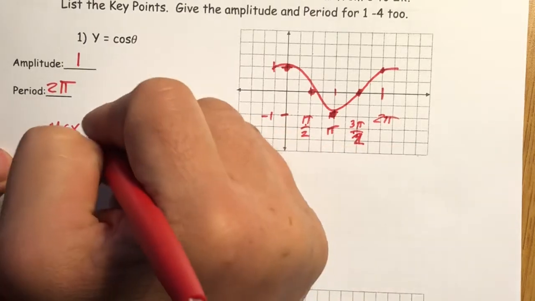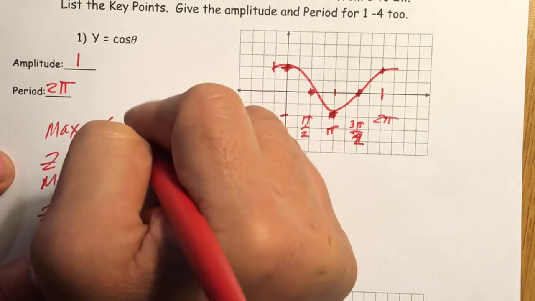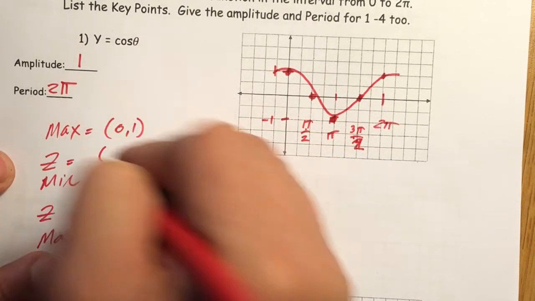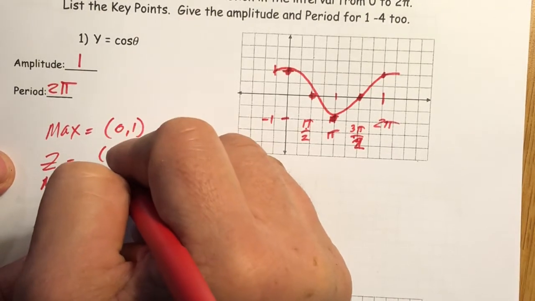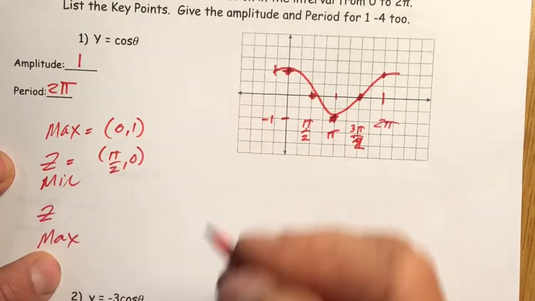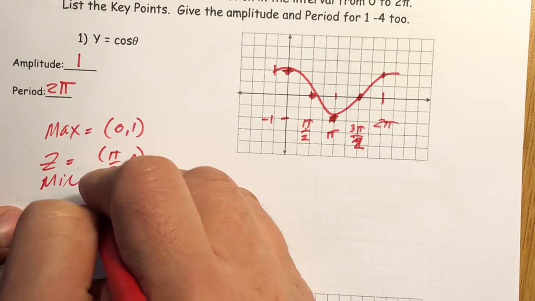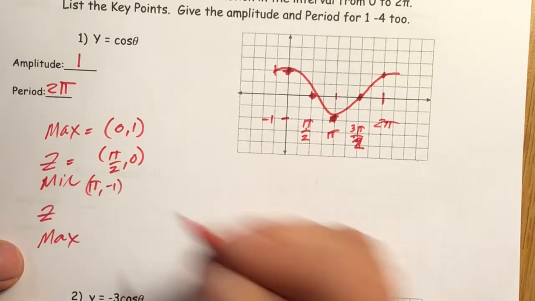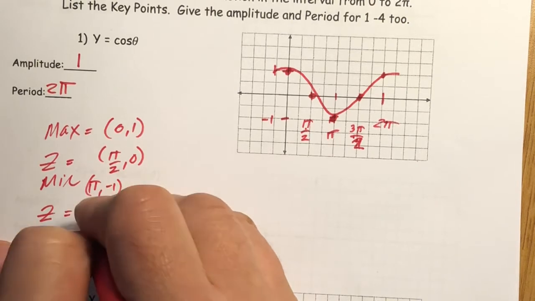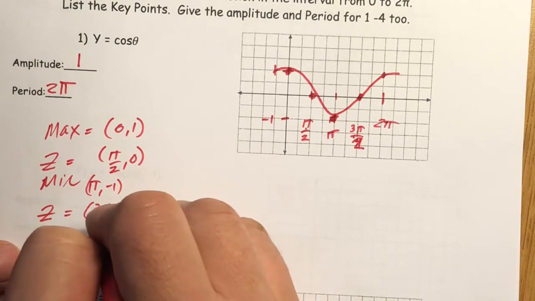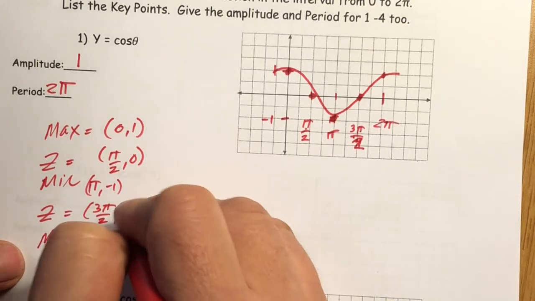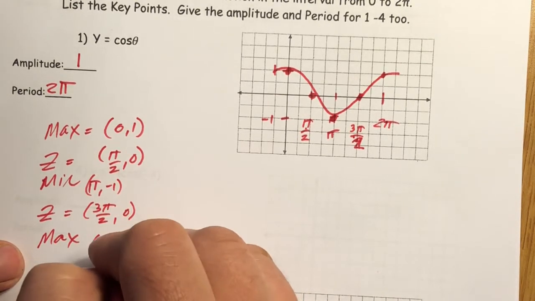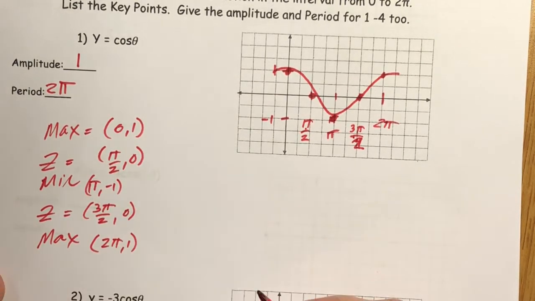A maximum is at 0, 1, and the zero is at pi over 2, 0. The minimum is pi, -1. The other 0 is at 3 pi over 2, 0. And then 2 pi, 1.